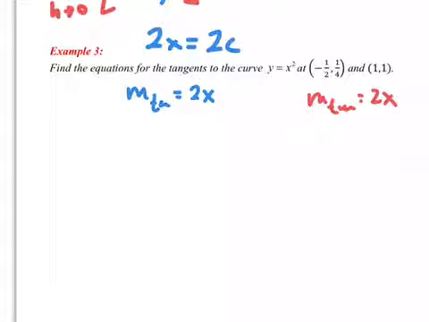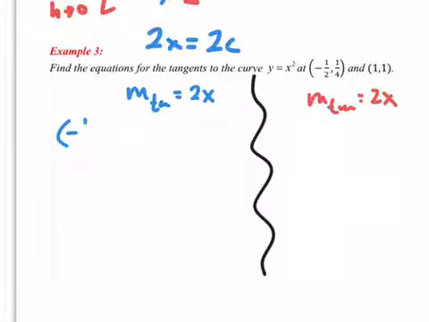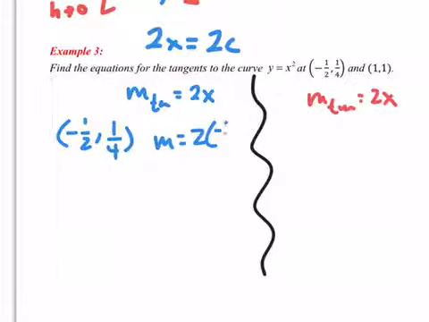In either scenario, all I need is a point and a slope. So I have a point in the first one, negative 1/2, 1/4. And I can quickly find a slope. So I take that negative 1/2 and I plug it in, and I get negative 1.